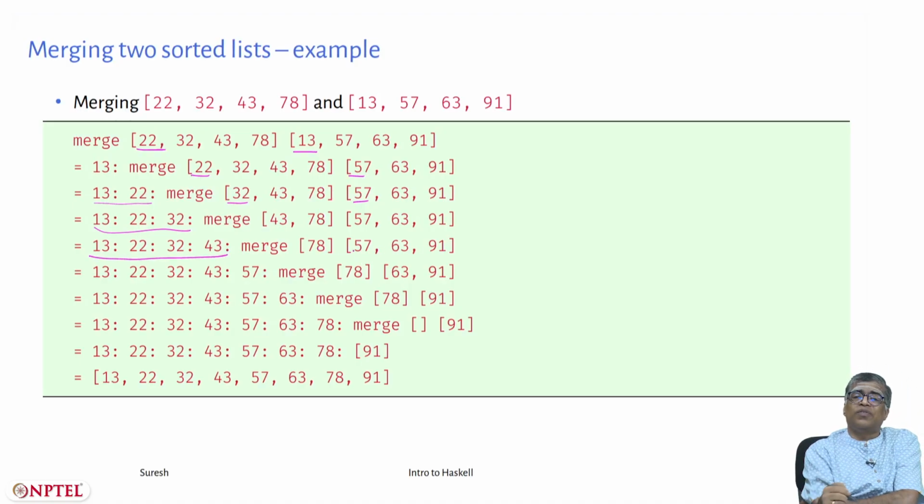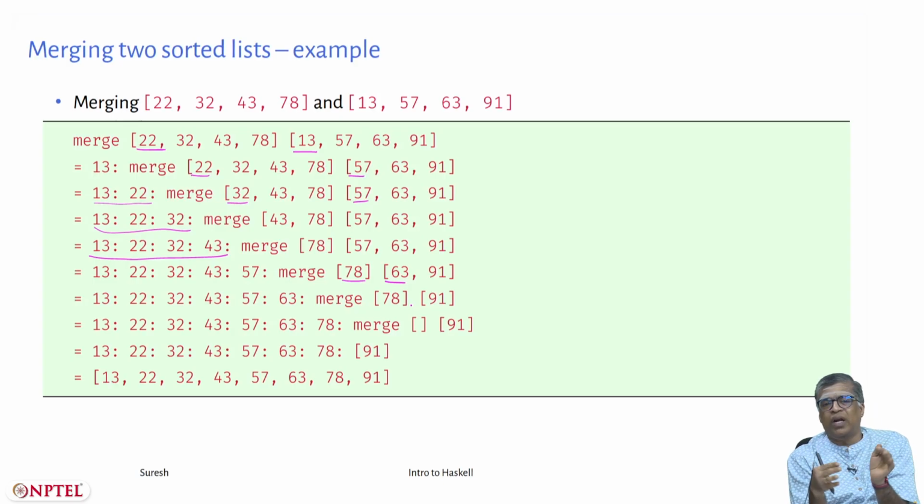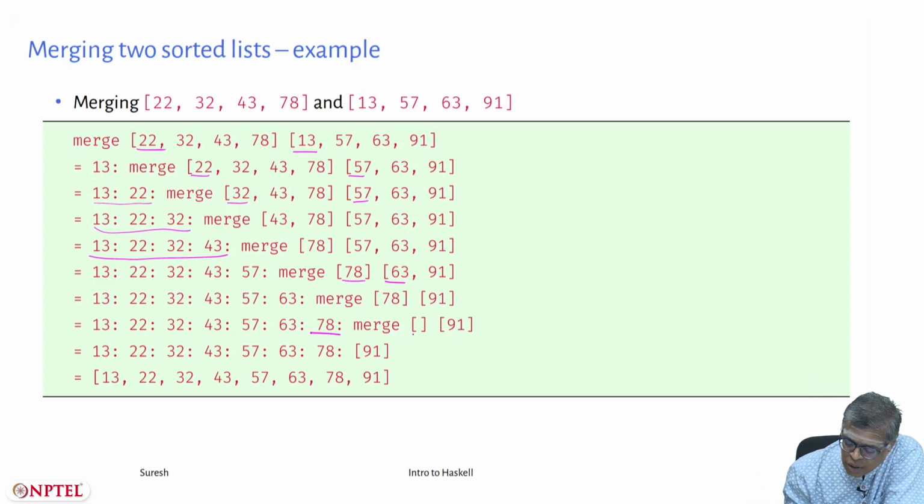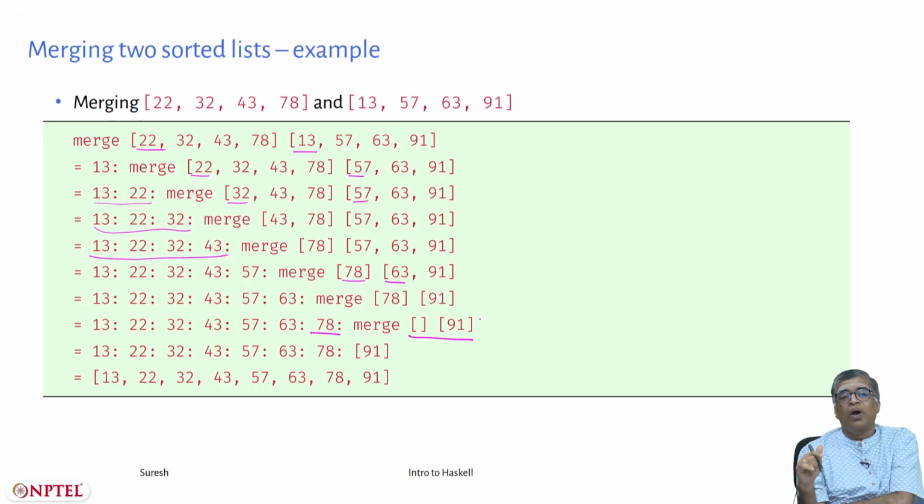Now 57 is smaller, so 57 goes into the output queue, and you will end up comparing 78 with 63, and 63 is smaller, so 63 goes here. You will now compare the list consisting of 78 with the list consisting of 91. 78 is smaller, so 78 goes here, and you are comparing the empty list against the list consisting of only 91. Merging the empty list with any list is just the other list, so there is nothing to merge at all.